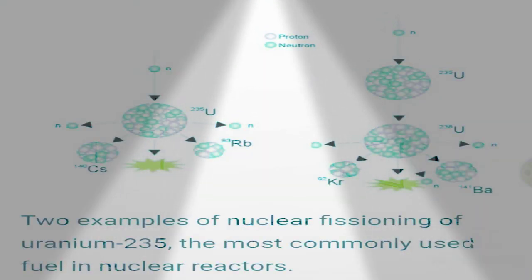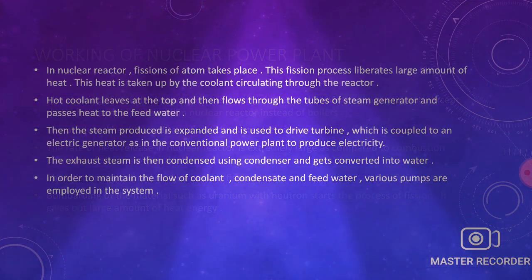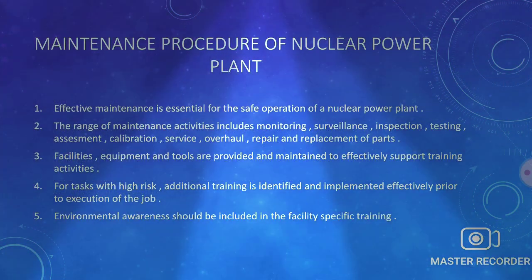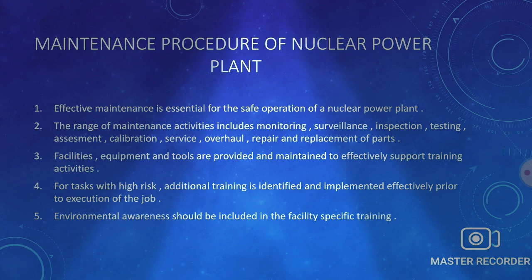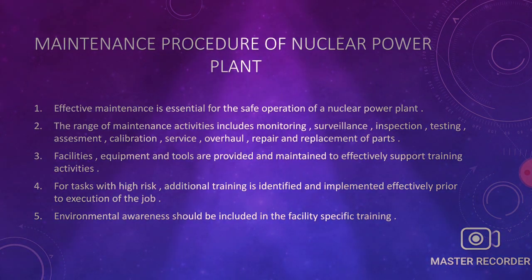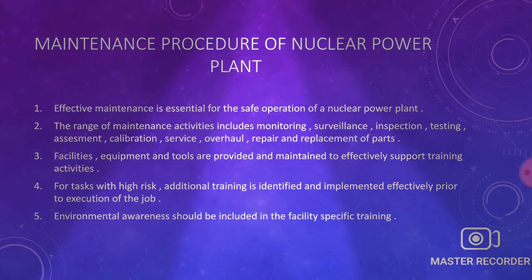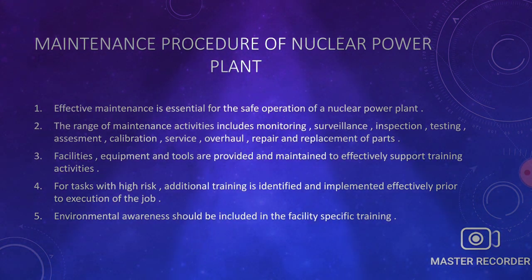Now let us see the maintenance procedure of a nuclear power plant. First, effective maintenance is essential for the safe operation of a nuclear power plant. Second, the range of maintenance activities includes monitoring, surveillance, inspection, testing, assessment, calibration, service, overhaul, repair and replacement of parts.